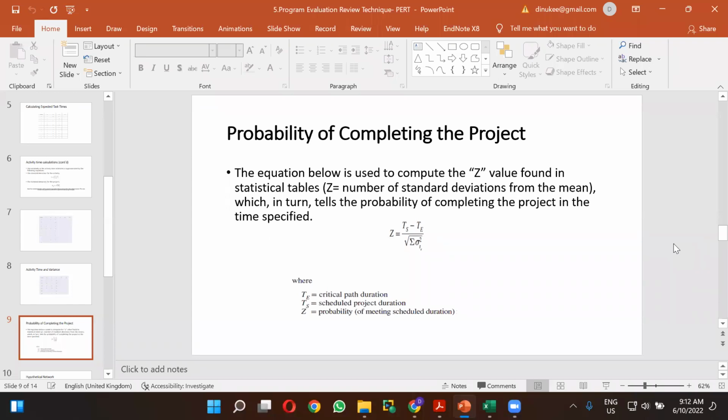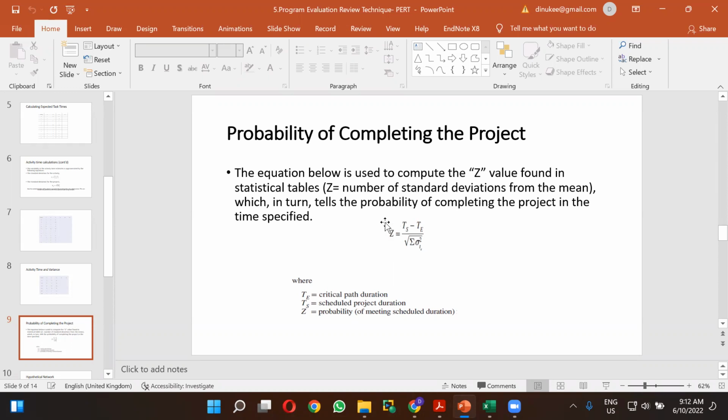I have uploaded the cumulative values for the Z value. Z is the number of standard deviations from the mean, which in turn tells the probability of completing the project in the time specified.